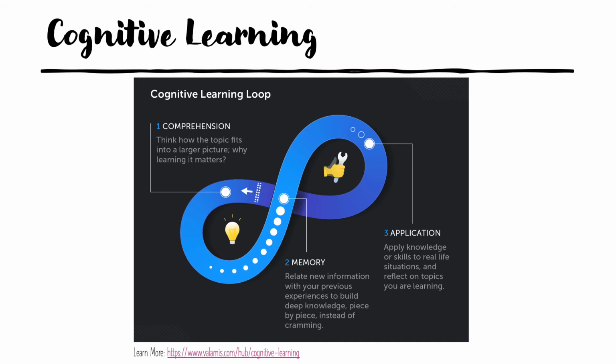Cognitive learning involves comprehension, memory, and application. Cognitive learning theory is divided into two categories: social cognitive theory and cognitive behavioral theory. Two of the theorists in cognitive theory are Piaget and Vygotsky.